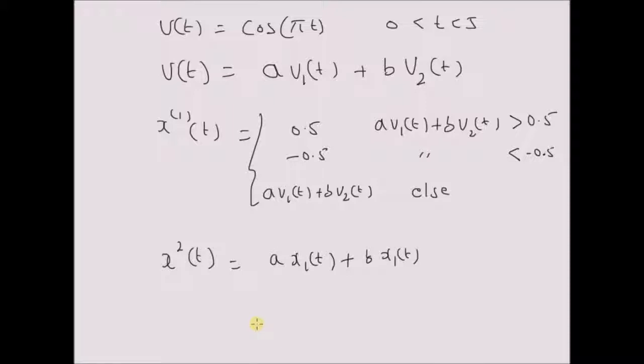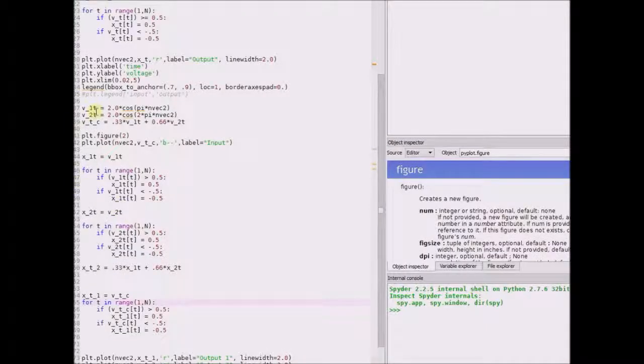But we can actually use the numerical example to have a better understanding of whether the system is linear or not. First, we define two signals V1 of t and V2 of t, basically with two different frequencies for a sinusoid, and then we add them using weights of 1/3 and 2/3.